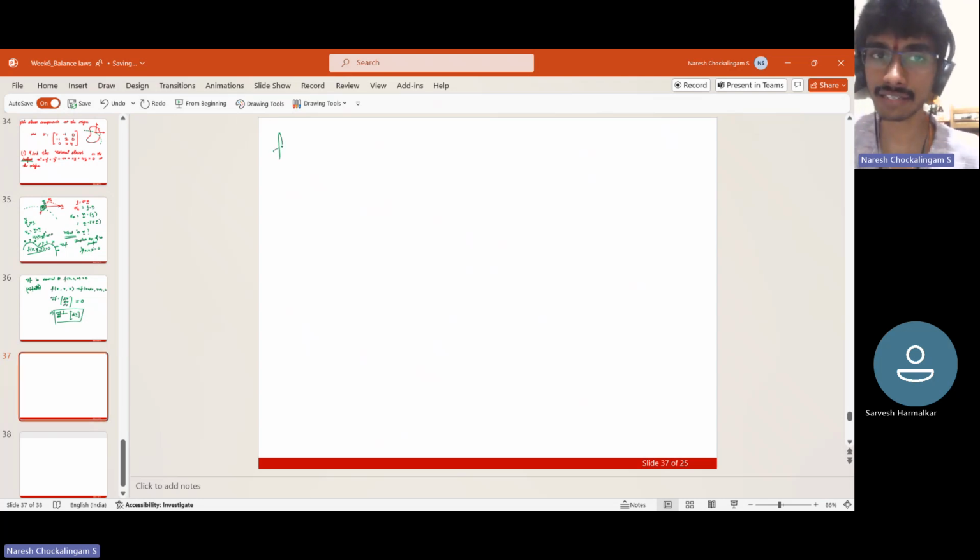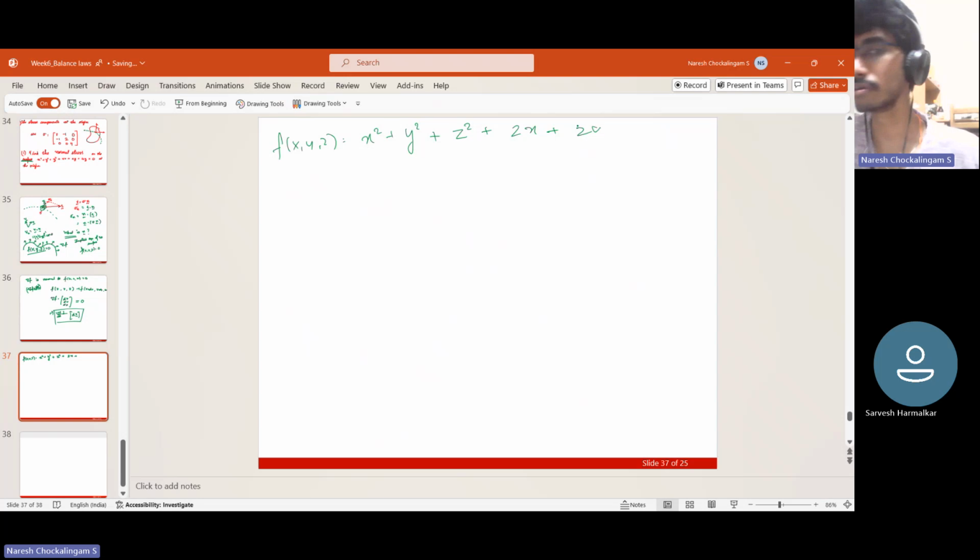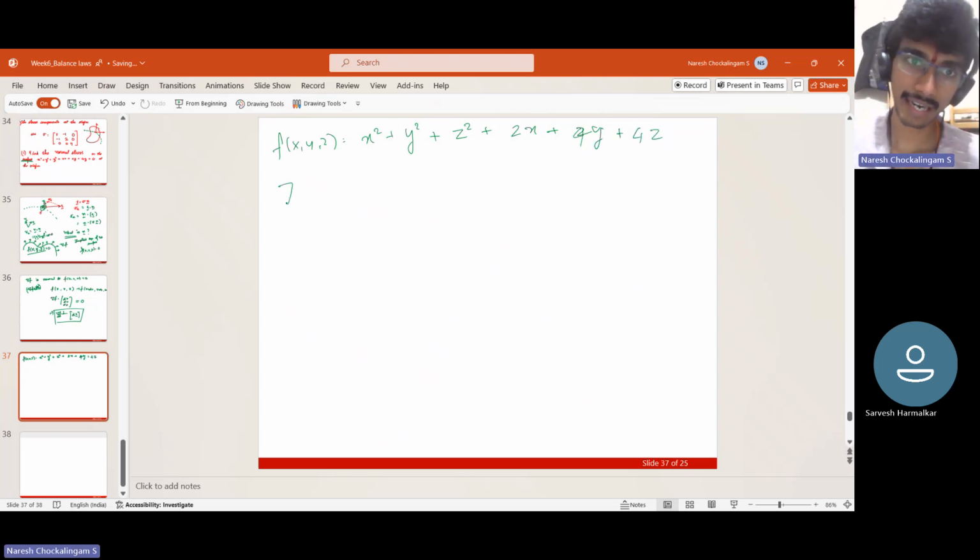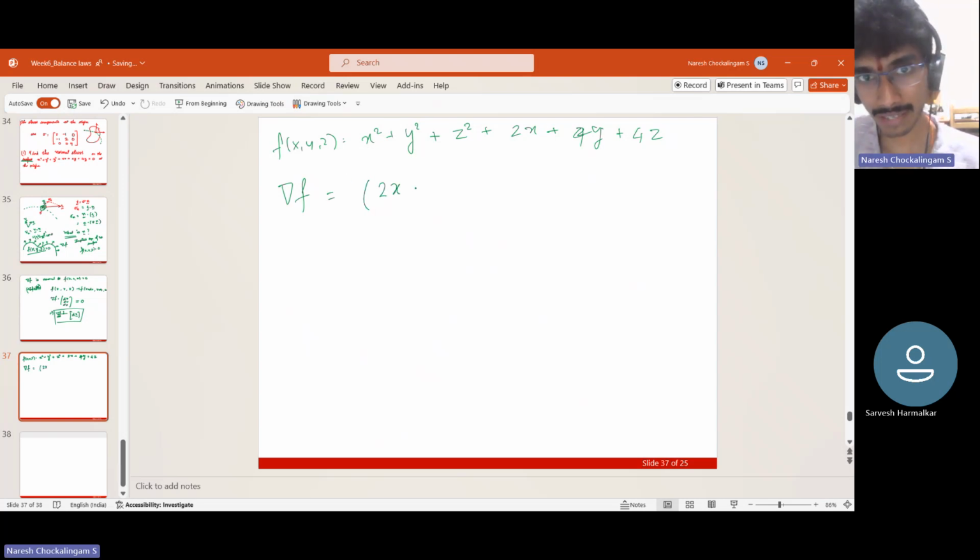Here our f of x, y, z is x square plus y square plus z square plus 2x plus 4y plus 4z. What is grad f? It is 2x plus 2 ex plus 2y plus 4 ey plus 2z plus 4 ez.